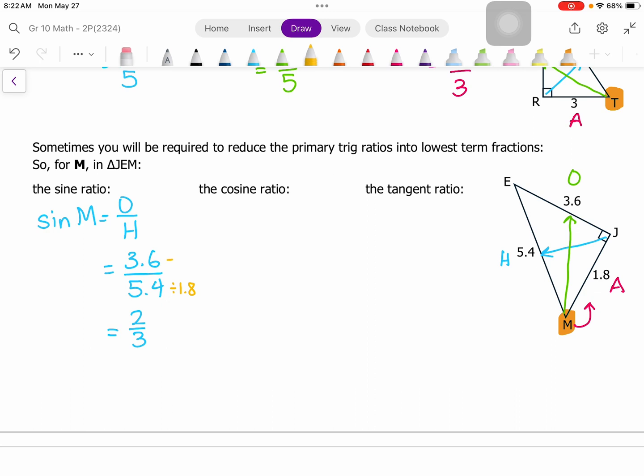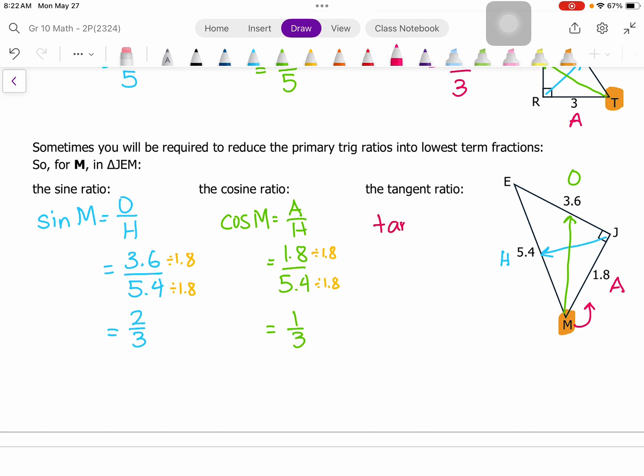Let's make this smaller so we fit in the cosine. The cosine of angle M is equal to the adjacent over the hypotenuse. Adjacent is 1.8 and hypotenuse is 5.4. Once again, each of these will divide by 1.8, and so our lowest terms ratio here is 1 over 3. And lastly, we'll do our tangent ratio.